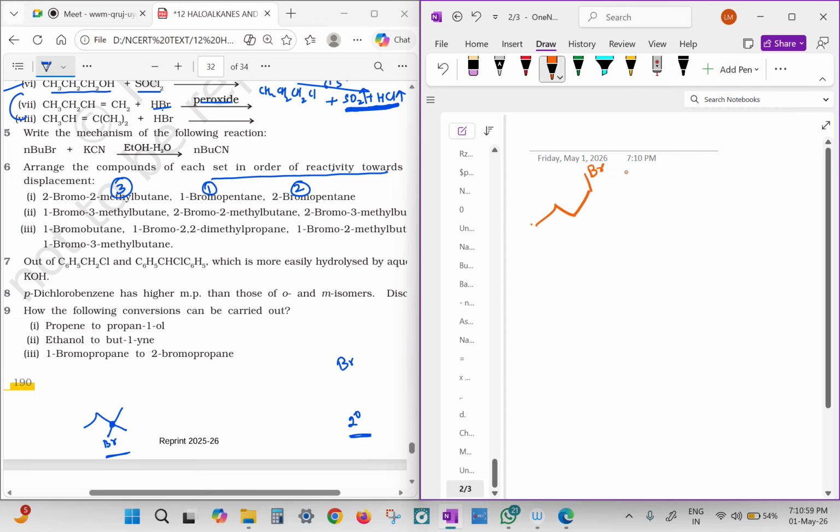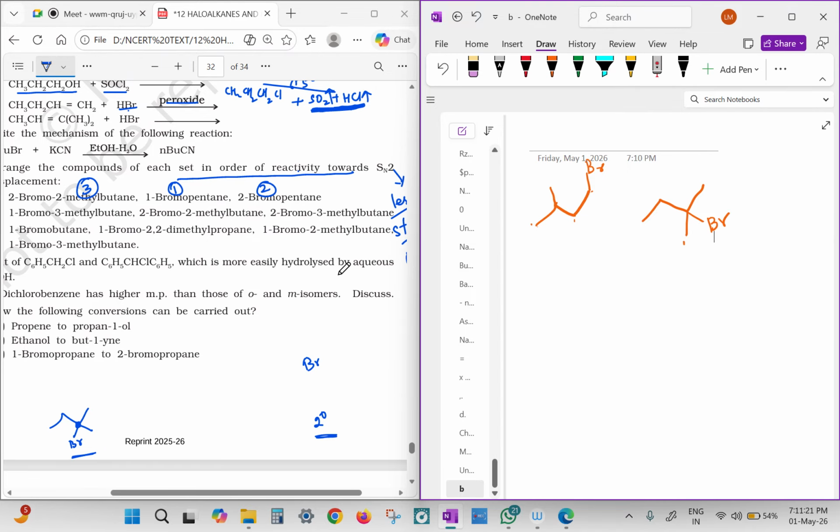So this is your compound, 1-bromo-3-methylbutane. The second one is 2-bromo-2-methylbutane. So again butane, and it is 2-bromo-2-methyl. So this is methyl and this is your bromo. The next compound is 2-bromo-3-methylbutane. So butane, it's 2-bromo and 3-methyl.